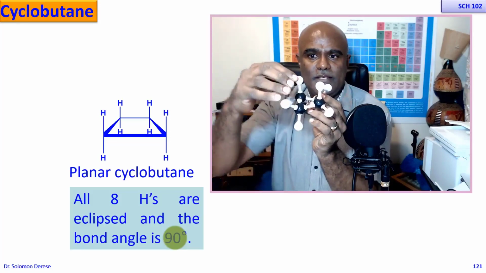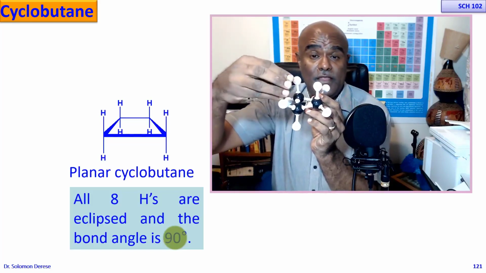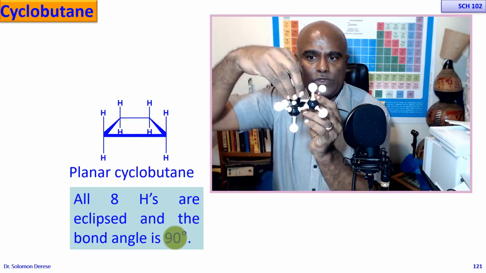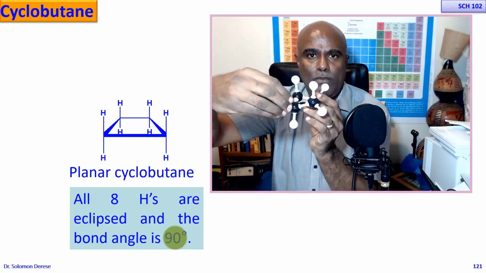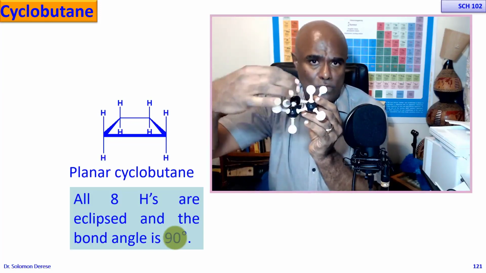As you can see, some of the eclipsing is relieved. The electrostatic repulsion between the electrons of this bond and this bond is lowered.